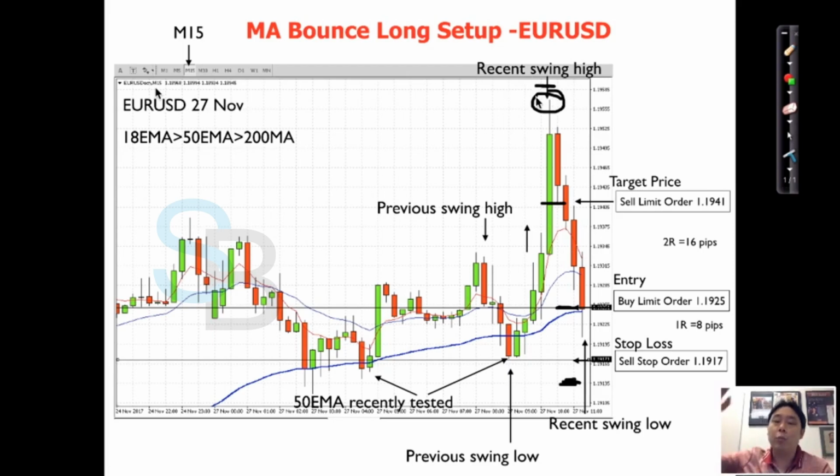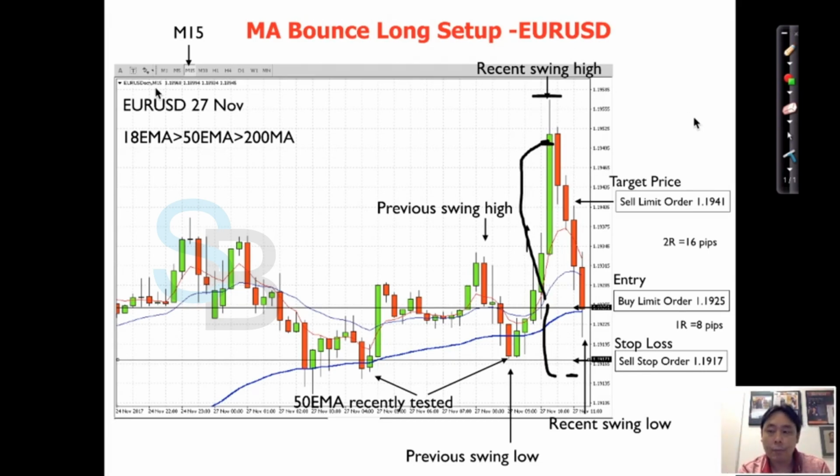But as long as it's within the recent swing high, it is okay. So if I place my stop loss 10 pips below, which would be slightly further down, and my profit target slightly higher, it'd be fine as well, because the recent swing high was really high.